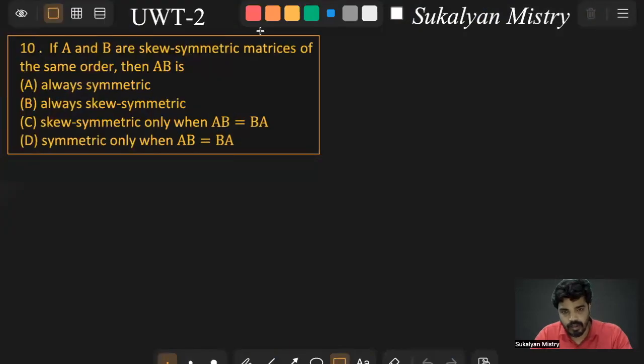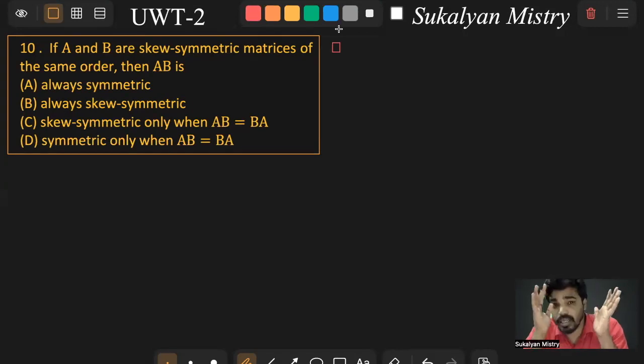Clear? The next example, actually this question was asked in a PSC exam. So what is given here? It is given that A and B are skew symmetric matrices of the same order. Then AB is? So what is the definition of a skew symmetric matrix? A matrix A is said to be skew symmetric if A transpose is equal to -A.